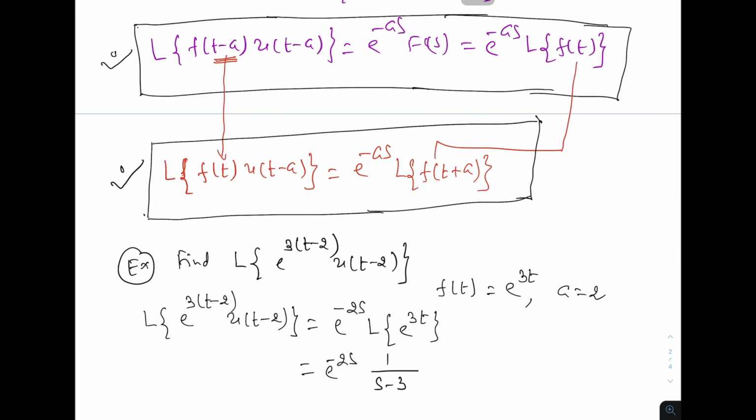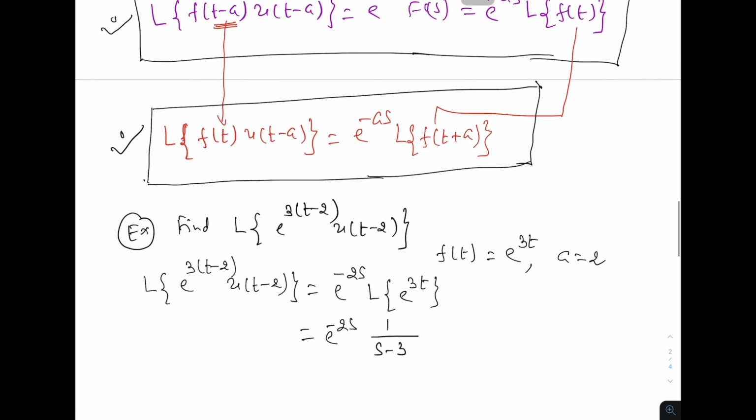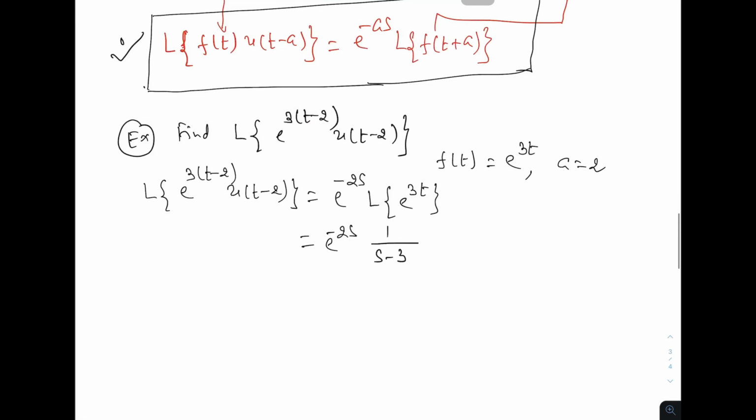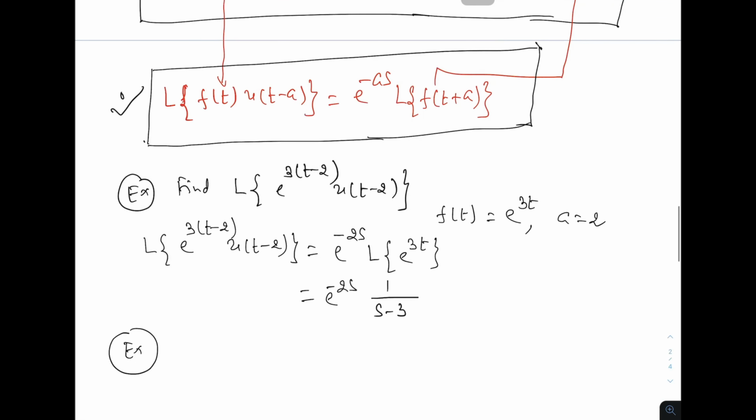Now take another example where we need to use this kind of result. You are given f of t, here you are given f of t minus a. Let us see this part.